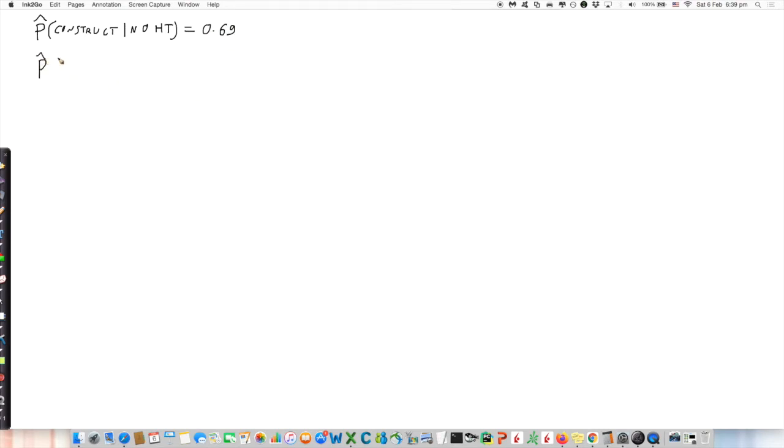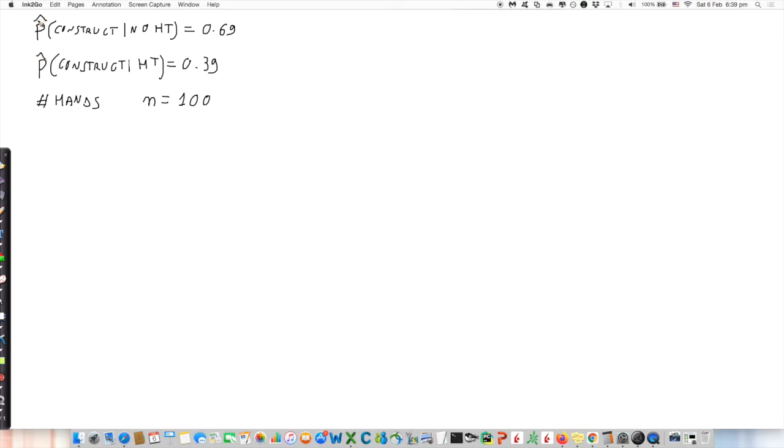The probability of construct when opponent has got hand trap, HT, is equal to 0.39. And the number of hands that we tested, we can call it N, is equal to 100.